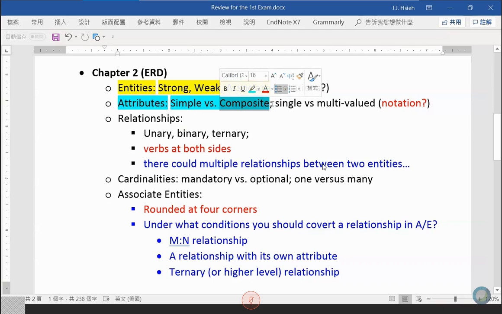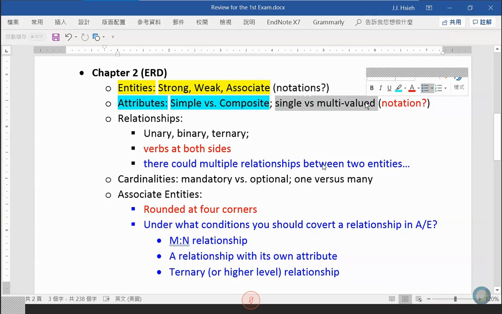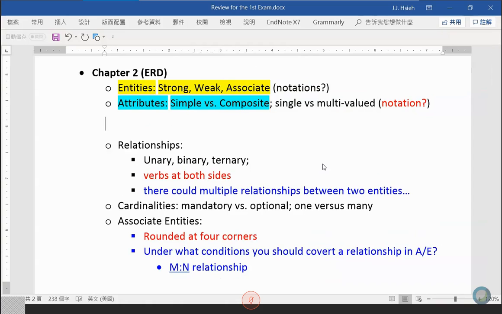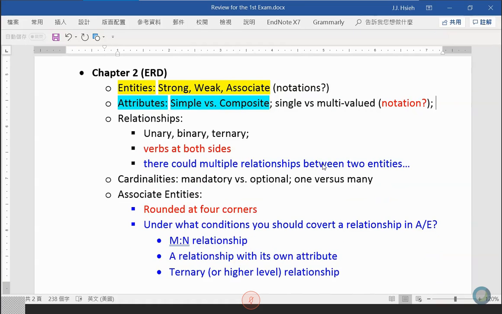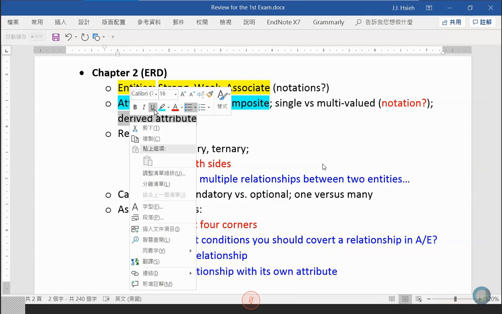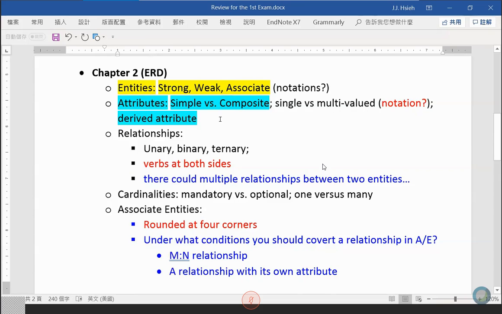And then we have single versus multi-valued. We also have derived attributes. Okay, so these are the things I want you to pay attention to. Derived attribute, just for example.